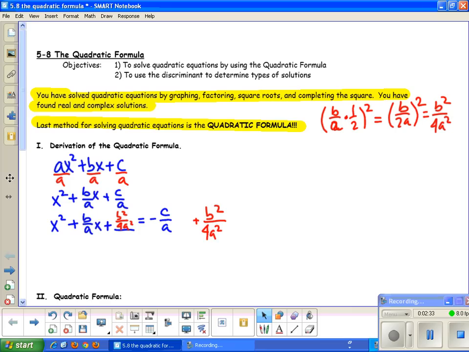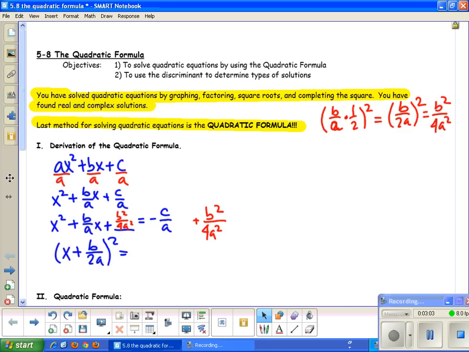Now that was good because now I can factor my equation. So this becomes x plus, and remember it's half your linear term when you're factoring, so b over 2a, and then I'm just going to square it and skip that step, is equal to. Now for this next step, I'm going to combine my fractions. In order to combine fractions, I need a common denominator.